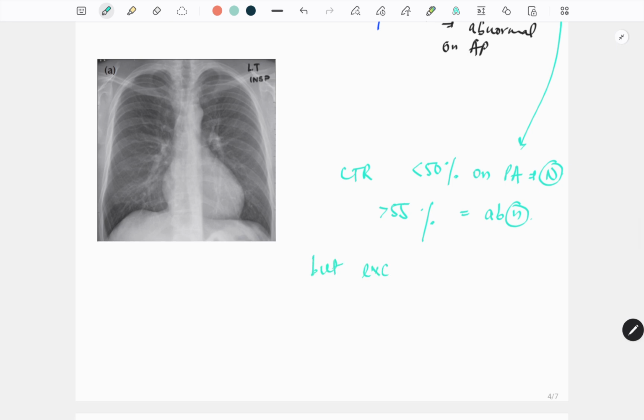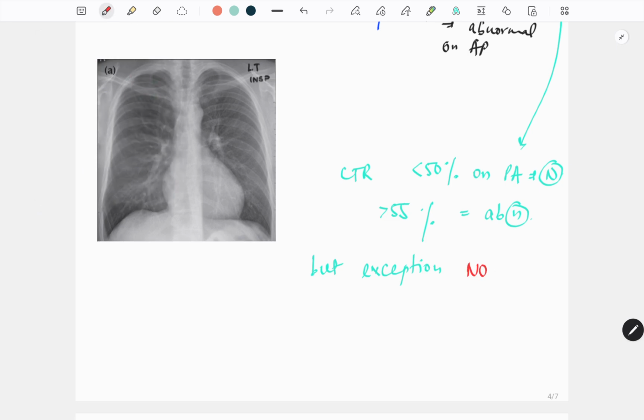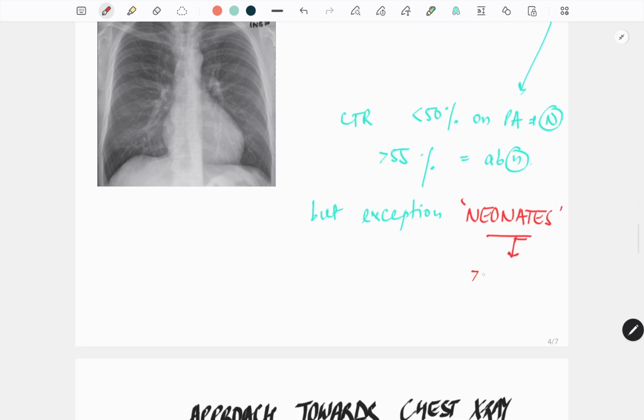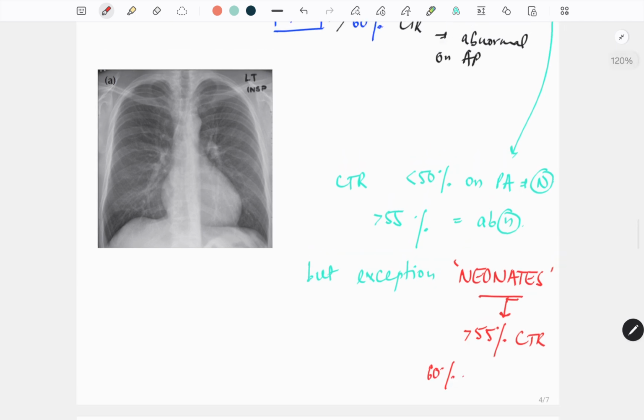But the exception is neonates. They normally can have more than 55% CTRs, and sometimes in some cases up to 60% also.